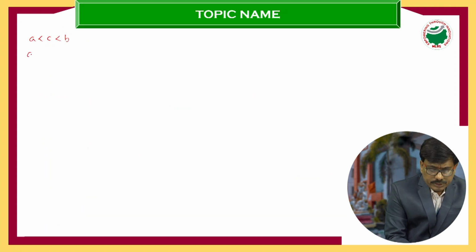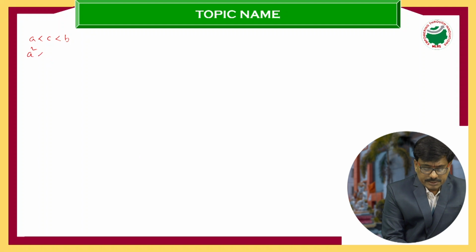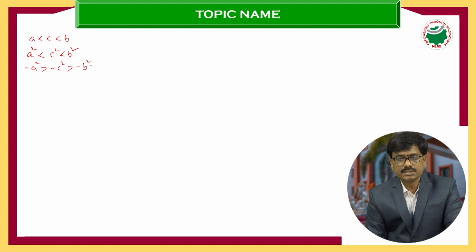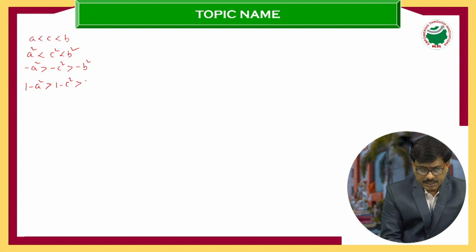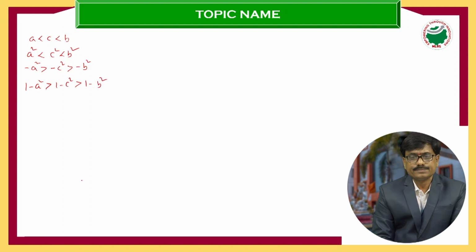I am going to square these values. The inequality never gets changed. If I multiply by minus, minus A square less than minus C square less than minus B square, now the inequality is reversed. If I add 1, 1 minus A square greater than 1 minus C square greater than 1 minus B square.